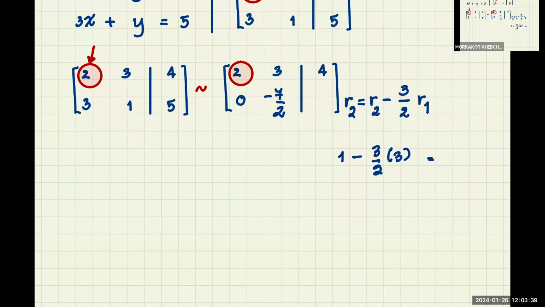The third column is 5 minus 3/2 times 4. Okay. So you get the upper triangular matrix.